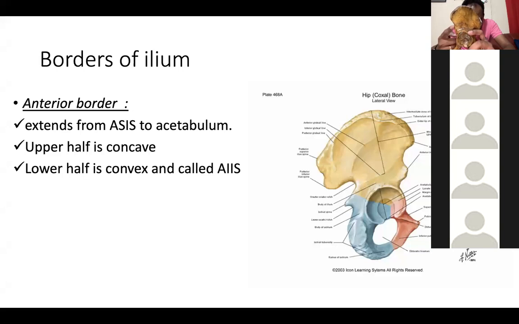This anterior inferior iliac spine gives origin to a muscle called the straight head of rectus femoris. Not only that, it also gives attachment to a ligament of the hip joint, which is the iliofemoral ligament.